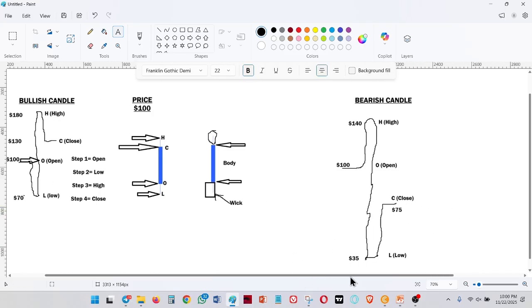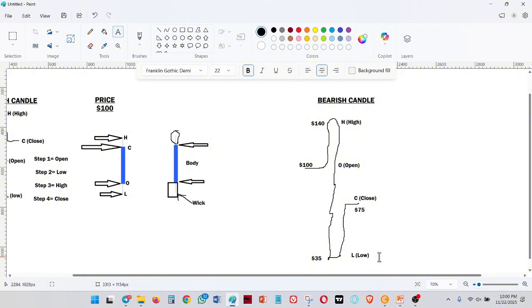I just hope we are learning. So now let's go and write the steps for a bearish candle. What are the steps? Step 1 is what? Open. Step 2 is what?